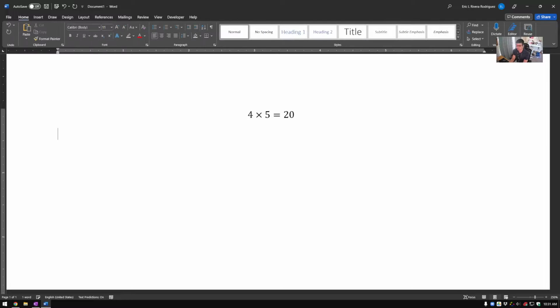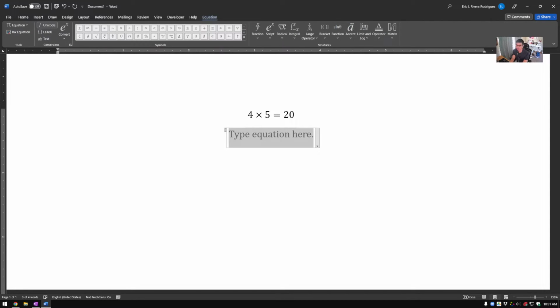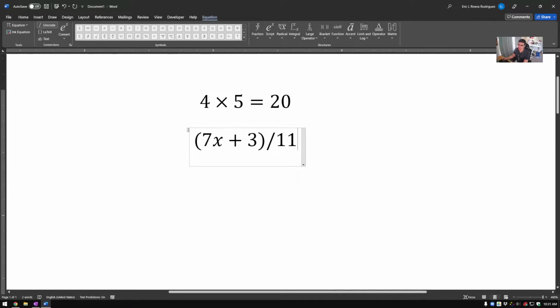So that's one example. Let's see another example of how I wrote fractions. Okay, so I type that: open parenthesis, 7x plus 3, close parenthesis, /11.